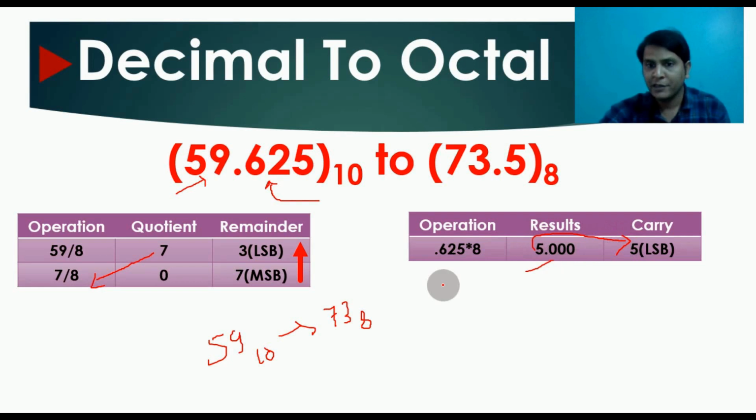Now since you have 0 in the fractional part, multiplying 0 by 8 gives 0, so there is no point in continuing the conversion. You have to continue until you get 0 in your fractional part. Here you already got 0 in the very first iteration.